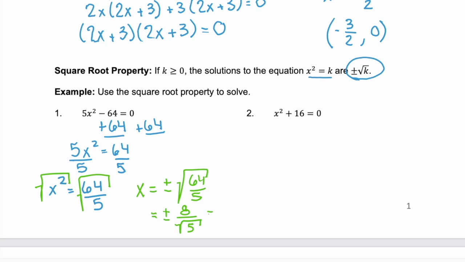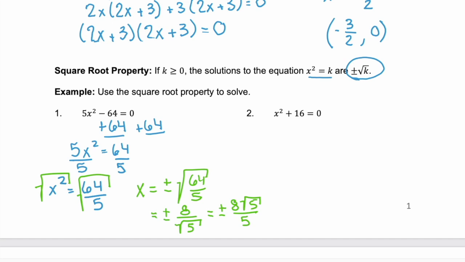Or you can rationalize that denominator and get plus or minus 8 square root of 5 over 5. If you forgot how to rationalize denominators, I would go back to that video and rewatch it. But you're just multiplying the denominator and the numerator by the square root of 5 and then simplifying.